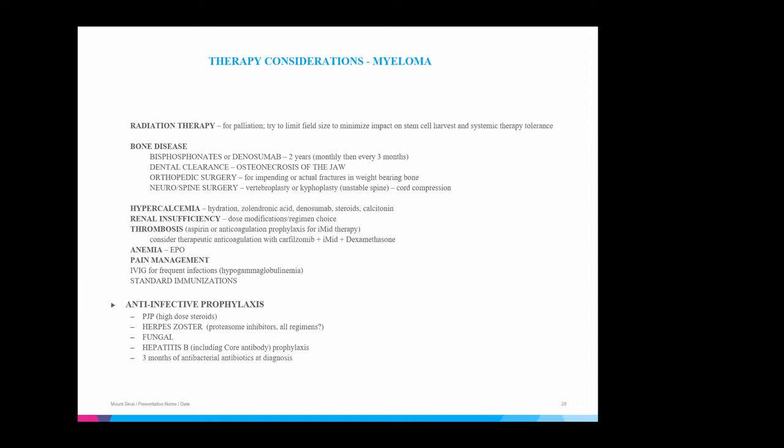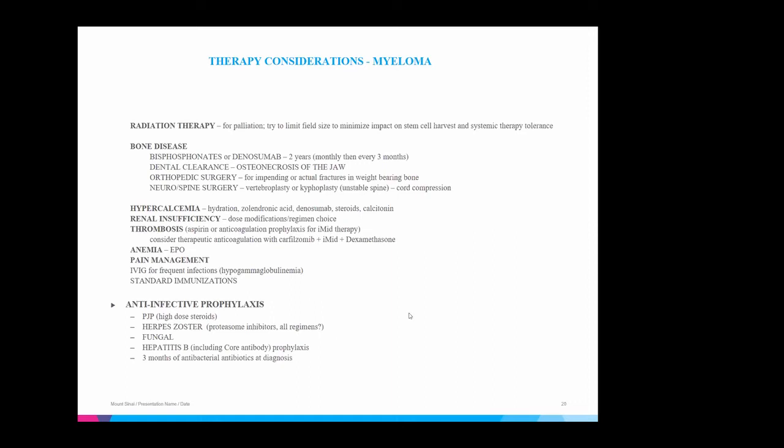Certain patients with myeloma are at risk for thrombosis, especially the patients who are on an immunomodulatory drug such as lenalidomide, and those patients are uniformly treated with aspirin unless they're anticoagulated for another reason. They can be given recombinant erythropoietin for anemia if necessary, and then of course pain management.